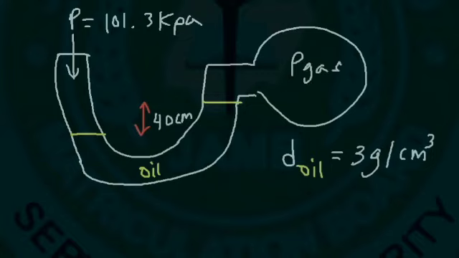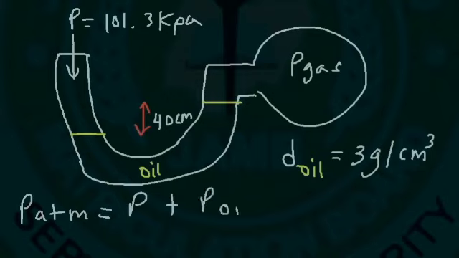So first, we need to find out which pressure is greater, the atmospheric pressure or the pressure of the gas. So the atmospheric pressure pushes down more on the oil than the gas. So the atmospheric pressure is greater than the gas. So the atmospheric pressure is equal to the pressure of the gas plus the gauge pressure of the oil. So that's going to be P plus ρgh.